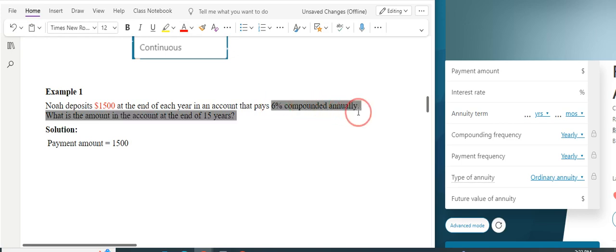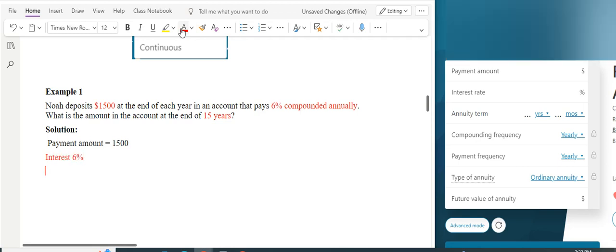It's still 6% compounded annually, and it's still every 15 years. So those are the things that I need. Okay, so the interest is 6%, and it's going to be for 15 years. Okay, and it's compounded annually. Okay, those are the three pieces of information I need in order to continue.